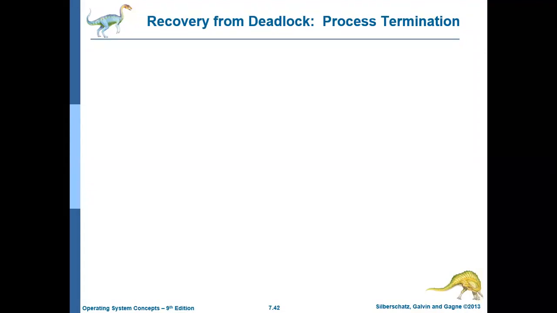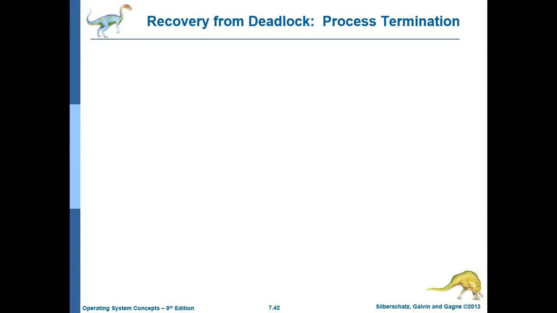Continue this process until none of the processes are in deadlock. So this is how deadlock can be recovered. There are two ways to recover from the deadlock. The first method is by terminating some of the processes, and the second method is by preempting certain resources.